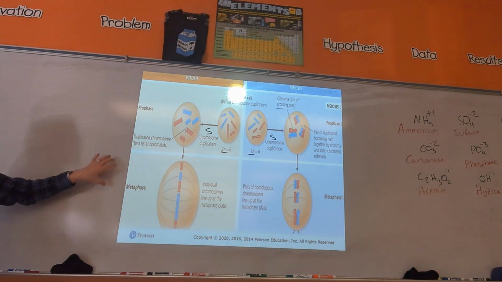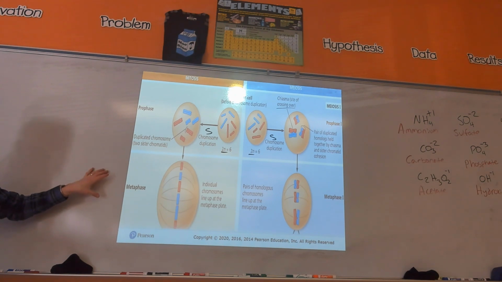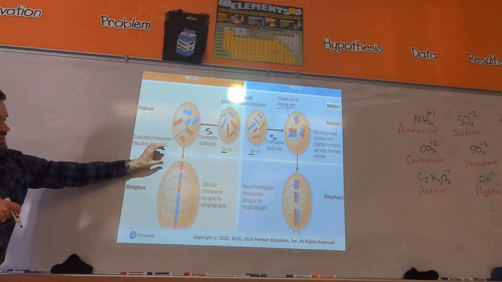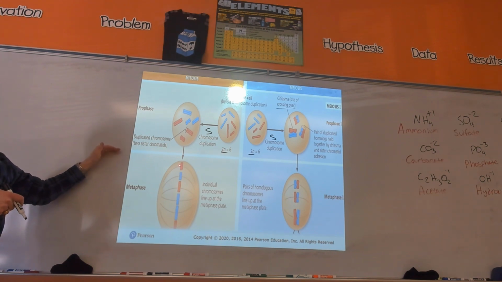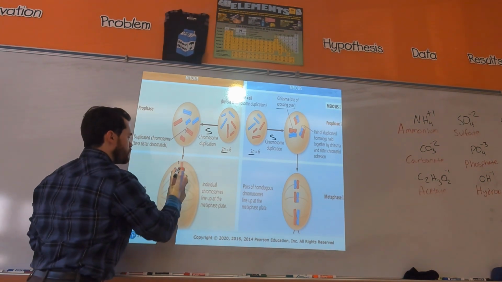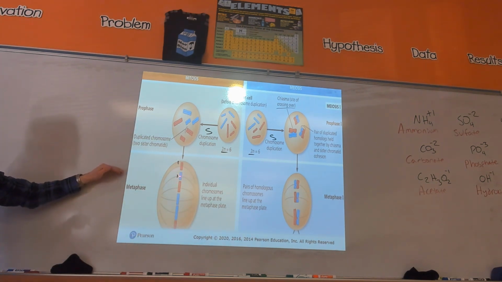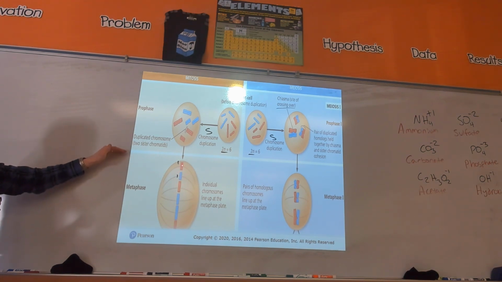Then looking at metaphase, notice the difference. In metaphase, the homologous chromosomes line up separately. Let's say this is chromosome 1, the copy of chromosome 1 you get from mom, and the copy you get from dad. In normal metaphase of mitosis, they line up independently of each other.